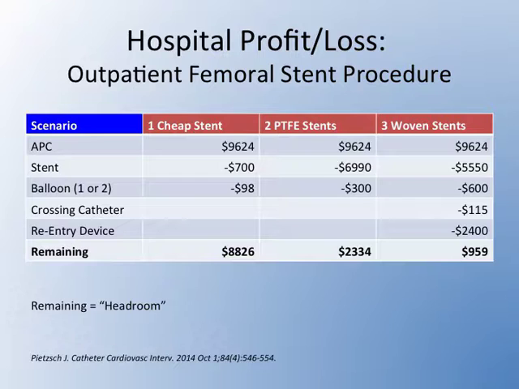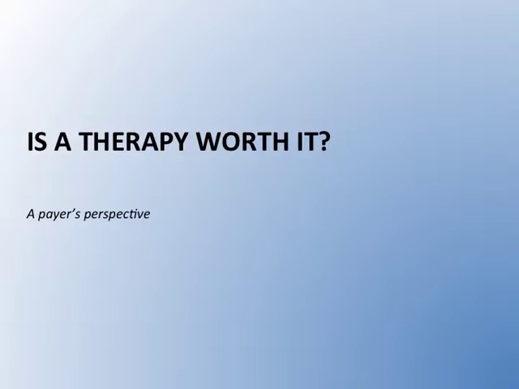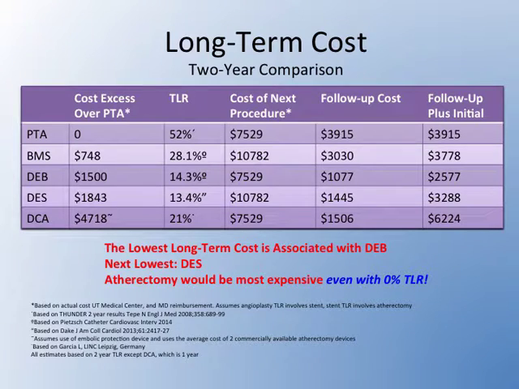If you use a couple of PTFE-covered stents and maybe a more expensive balloon, that remaining amount drops to $2,300. If you use a more complicated scenario, woven wire stents, a crossing device, and a reentry catheter, now there's only $900 left over.